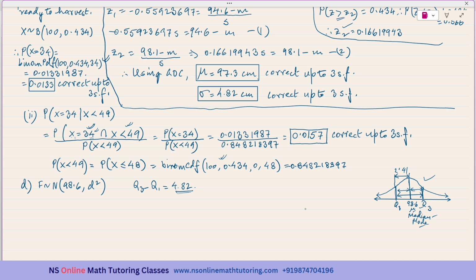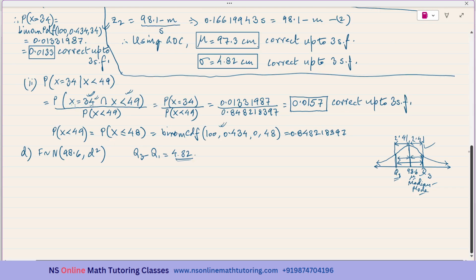I'm just dividing by 2. And this part is also 2.41. So what is the value of Q1? It is 2.41 centimeters less than 98.6 centimeters, which is the mean or the median value.